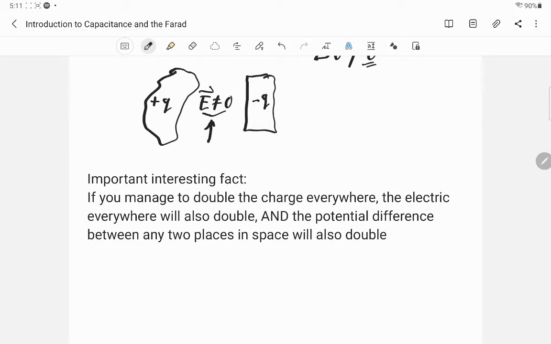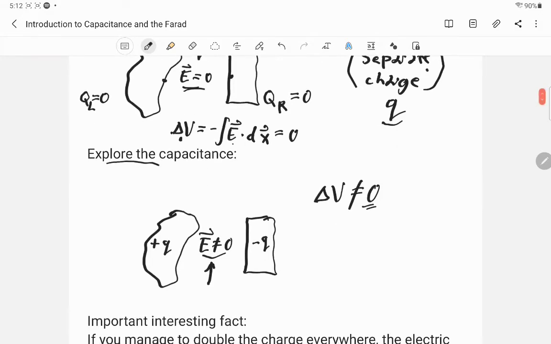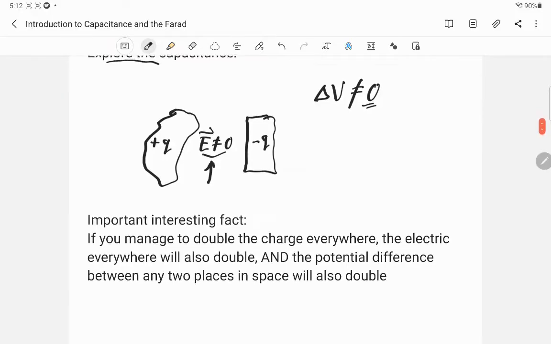It's kind of like I separated the charge q and got E, and then if I separated the charge q again, I would get another E, and the net electric field would be twice E. And if the electric field doubles, then the potential difference that you calculate will also double, right? That's simply this.